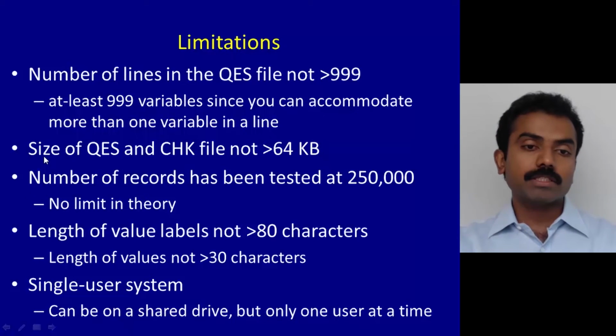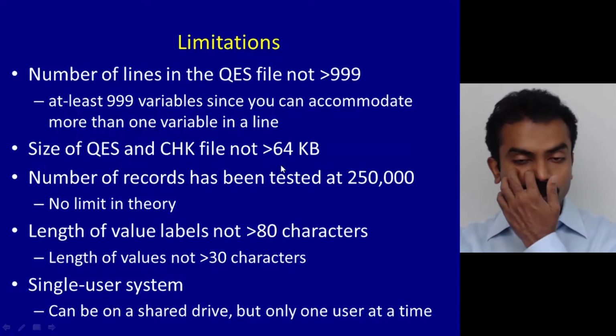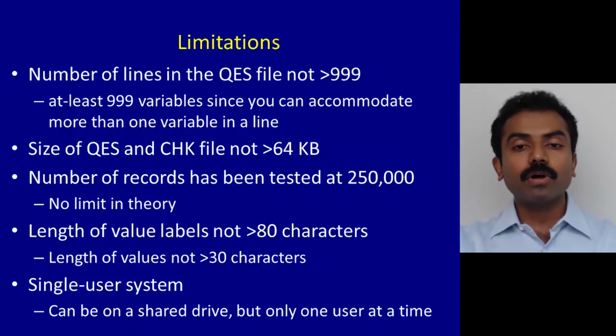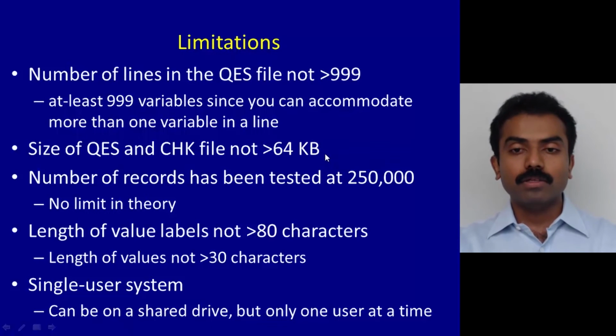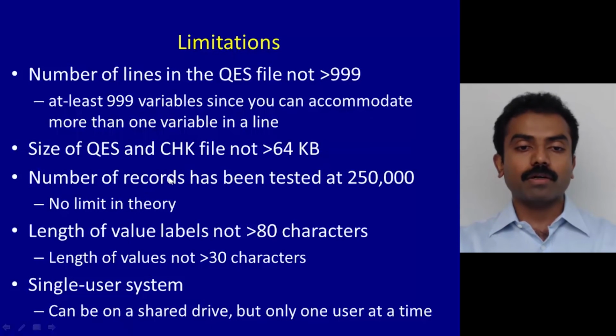The second limitation says the size of the QES and the check file cannot exceed 64 kilobytes. I don't know how many of you have handled text files. In simple text files, 64 kilobytes means a lot. So this again, I do not think is a big limitation. Number of records.